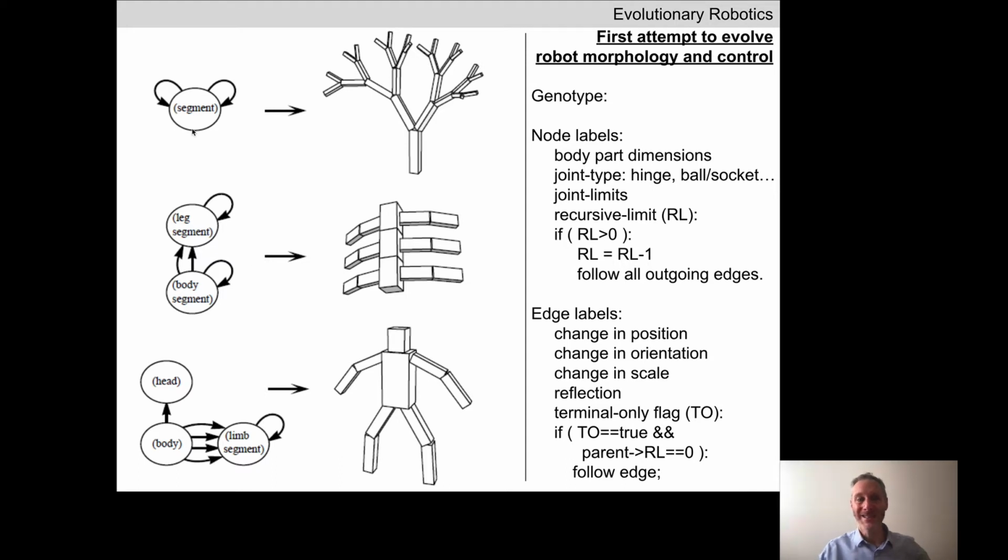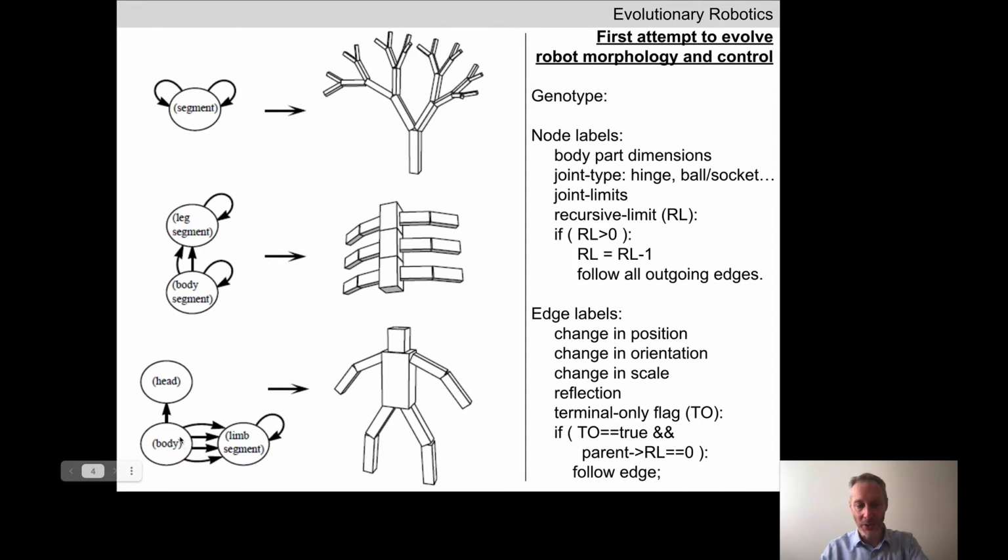Okay, so inside each node, there's information about how to build a body part and how to connect that body part to its parent. I'll take this example down here: when we're constructing this body part, the leg segment, there's information that connects it back to its root node, which is its parent node, the one behind it, if we go back up the arrow.